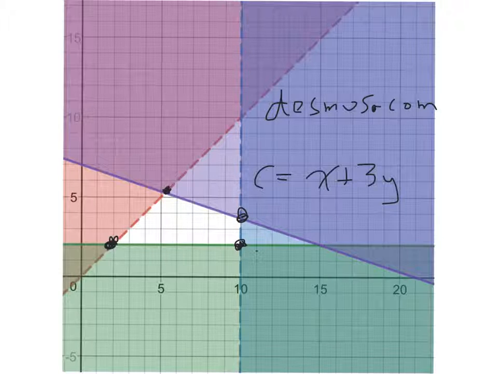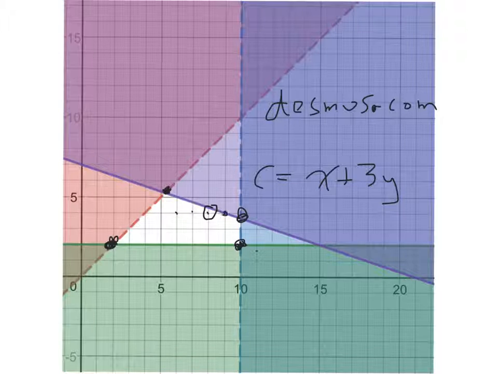Somewhere along here, this point, this point, this point, we're going to figure out the maximum cost. In fact, we already found our answer: that point, 8 packets of seeds and 4 plants. $20 is the most we can spend.